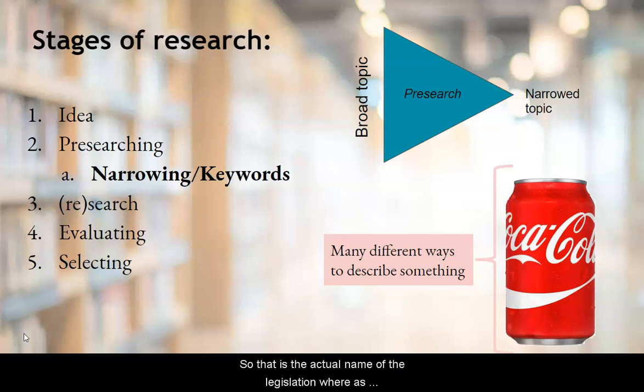That is the actual name of the legislation, whereas Obamacare is the politically charged nickname for it. You might get different results based upon the two different terminologies, but in conversation between you and I, we could easily interchange those two terms and we know what we're talking about.